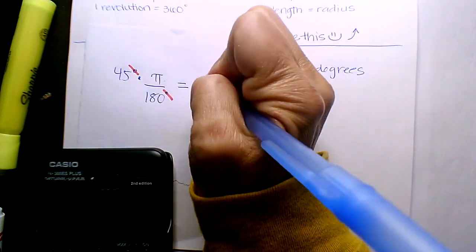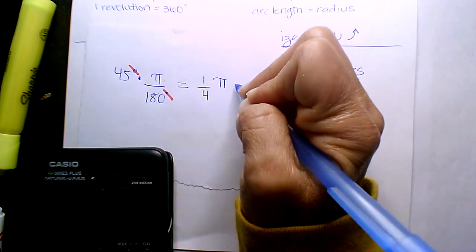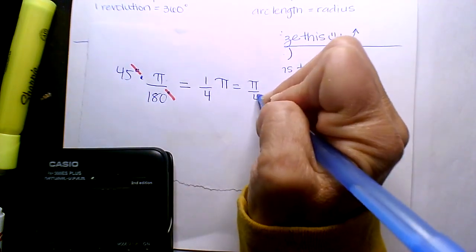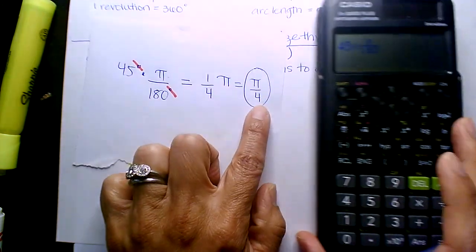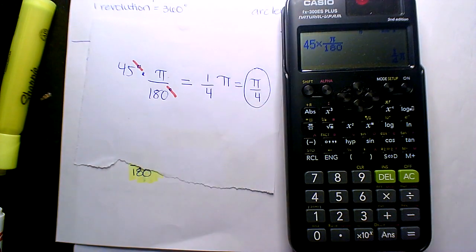So you can give me 1/4 pi, or you can give me pi over 4. This is the way your trig functions are going to prefer their answer. They're not going to write 1/4 pi. They're going to write pi over 4.